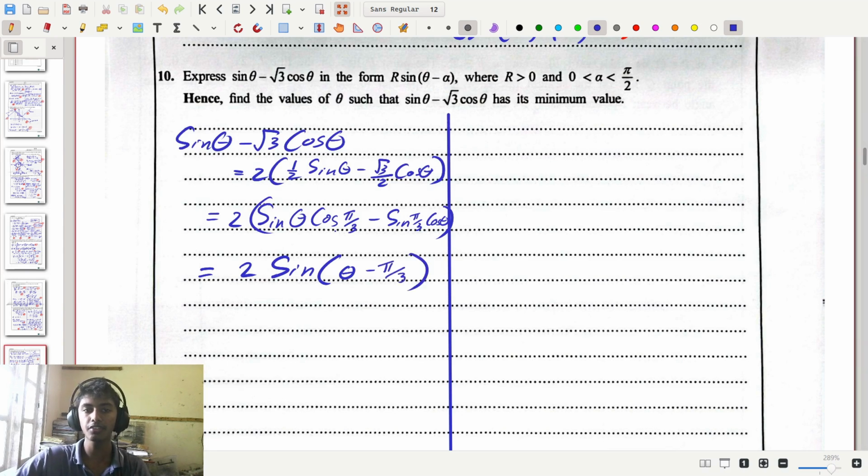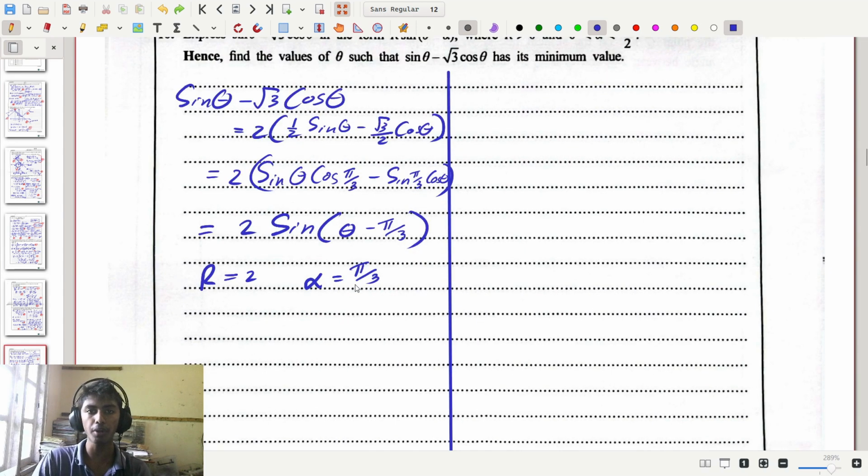So we can see we have the form of 2 times the sine of theta minus pi by 3, where r is greater than 0 and alpha is some angle between 0 and pi by 2 is satisfied by this. If we do the values, r is going to be equal to 2, and alpha is going to be equal to pi by 3. So we have our answers. We have r sine theta minus alpha of the form where r is equal to 2 and alpha is equal to pi by 3. Now that we have this, the rest of the question becomes easy.